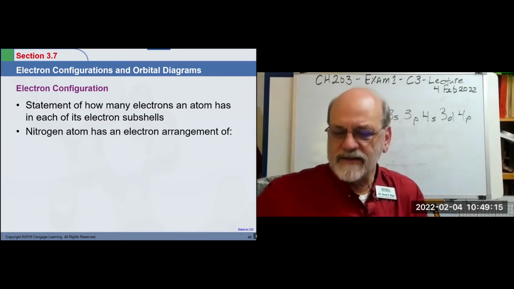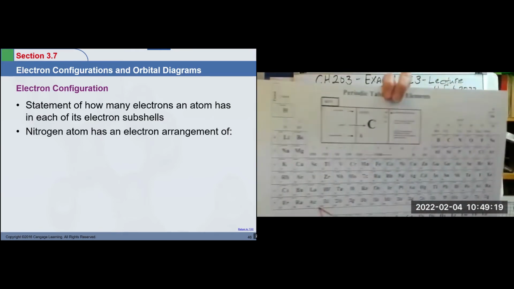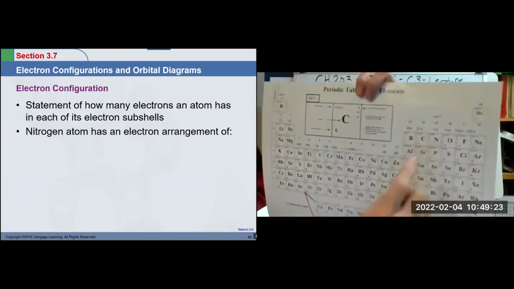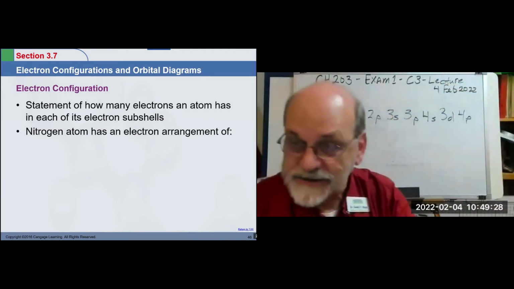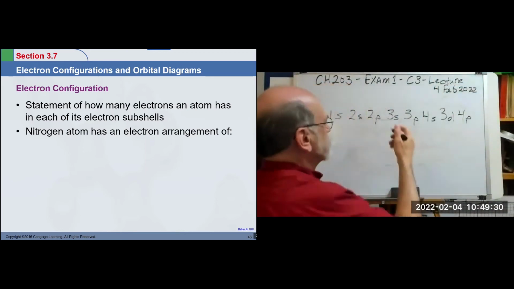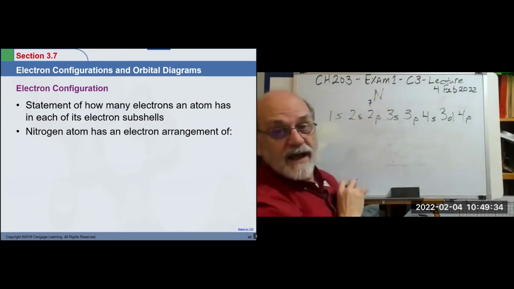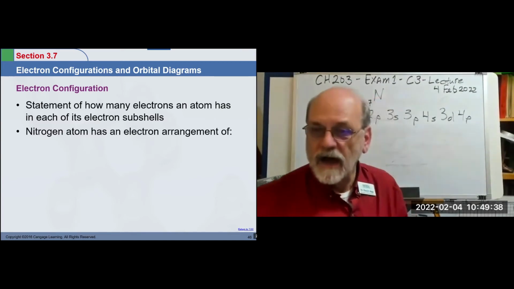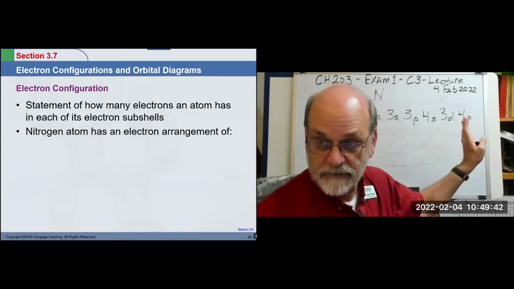Let's look at a practical example. Nitrogen. All right, so if we take a periodic table and we find nitrogen right here, how many protons does it have? We look over here, it says 7. It's got 7 protons, so nitrogen has 7 electrons. So the electronic configuration would be, according to the Aufbau principle, we go from lowest energy to highest energy.